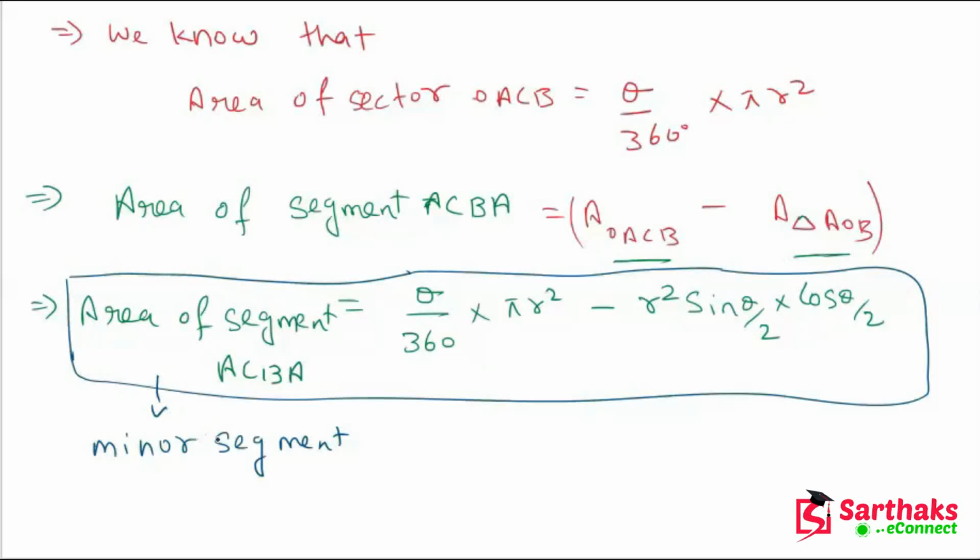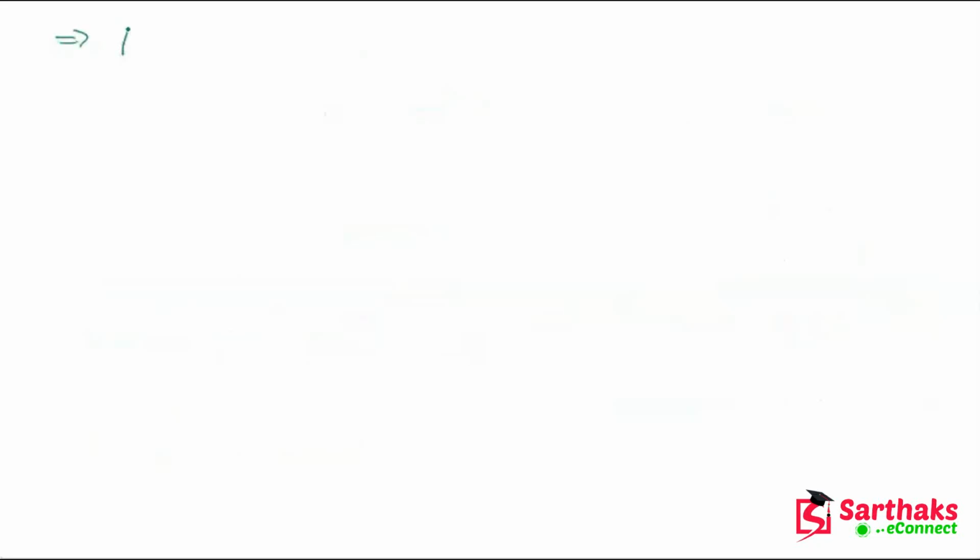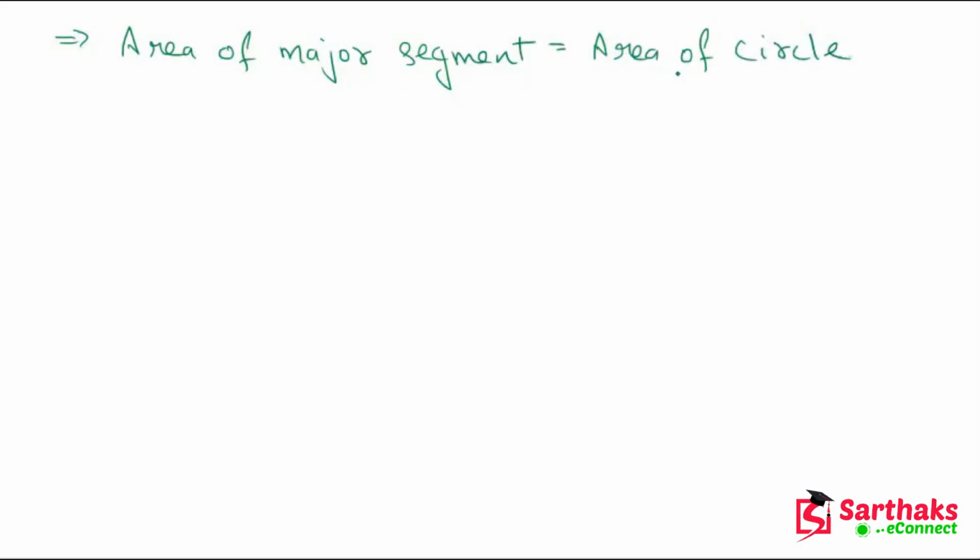So the area of the major segment is equal to what? Area of the circle minus the area of the minor segment.